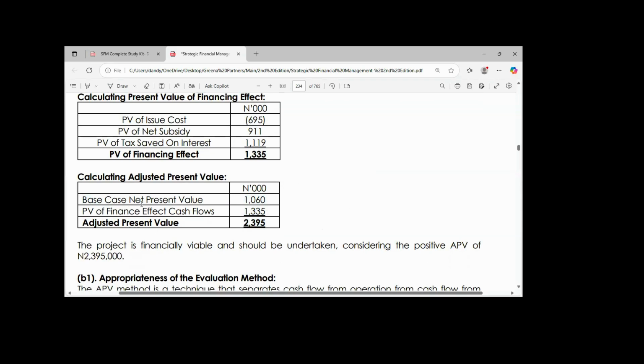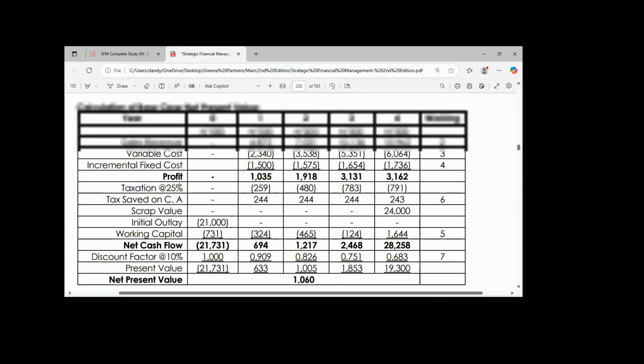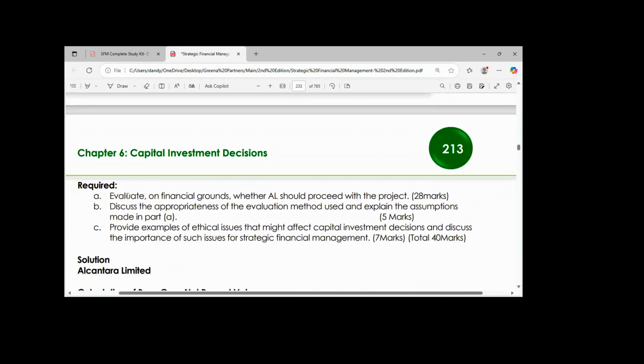So, of course, the next thing we are going to do, the fourth procedure for calculating APV, is to advise. And I told you that if your APV is positive, you advise that the project should be undertaken. But if APV is negative, the project should not be undertaken. So in the requirement of the question, examiner is asking you to evaluate on financial grounds whether AL should proceed with the project.